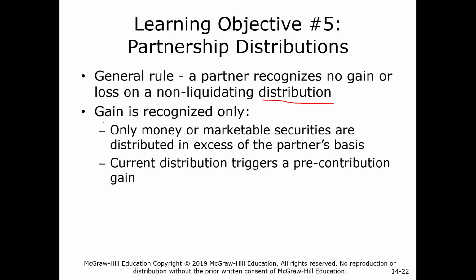Okay, so this gain is only recognized when we receive money or marketable securities, and this distribution may trigger a pre-contribution gain. We don't need to worry too much about this pre-contribution gain that has to do with appreciated property. We'll just put a pin on that and maybe come back to it later.